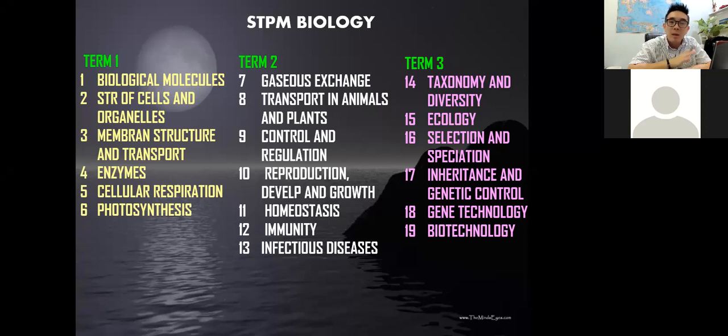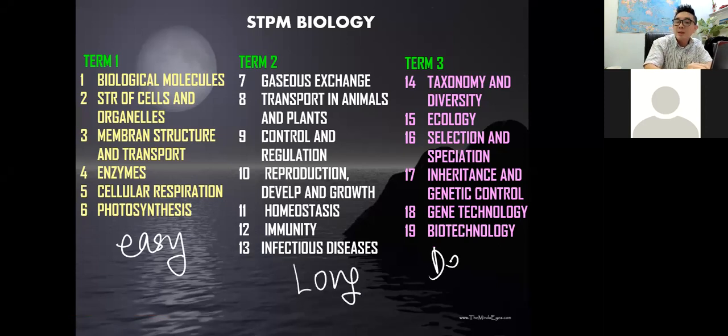The difference between SEM 1, 2, 3 is this. SEM 1 is easy. Of course, if you are my student watching this, you would have heard it many times from SEM 1. SEM 2 is long. SEM 3 is deep. Yeah, the boys especially know very well. Long plus deep.